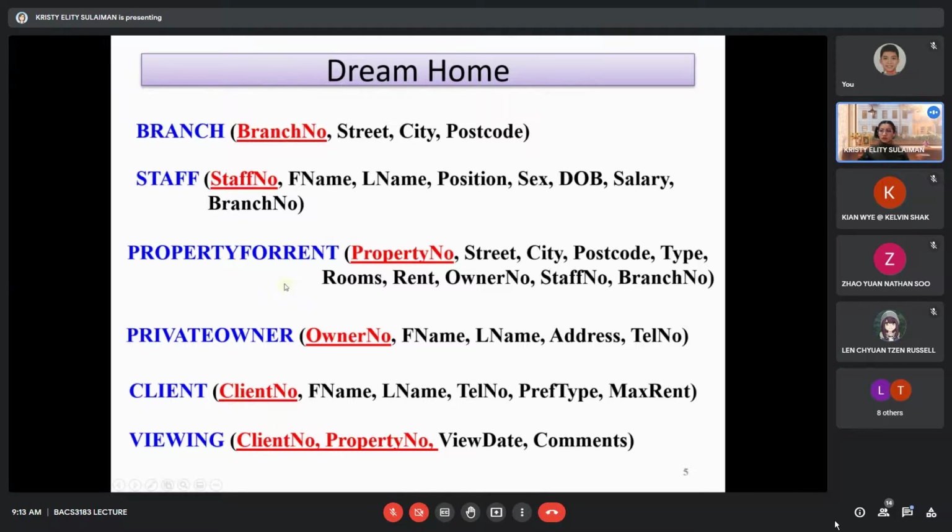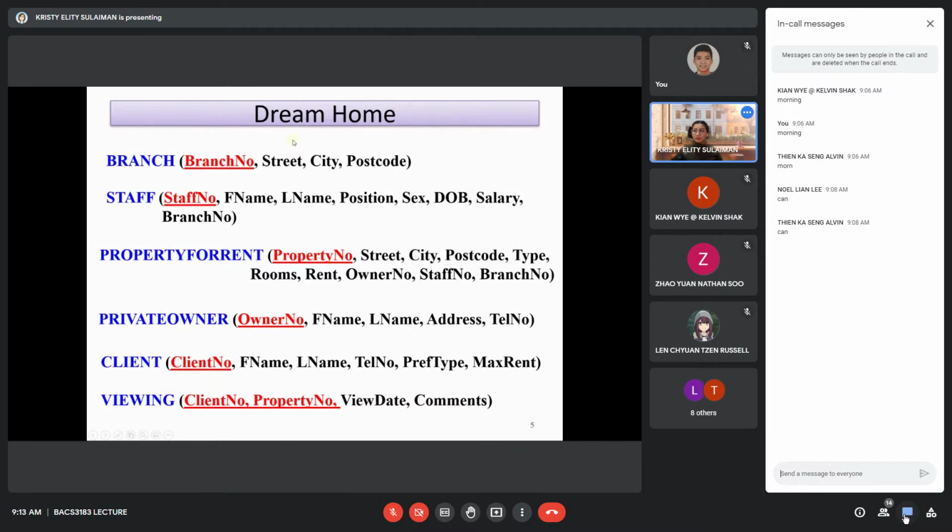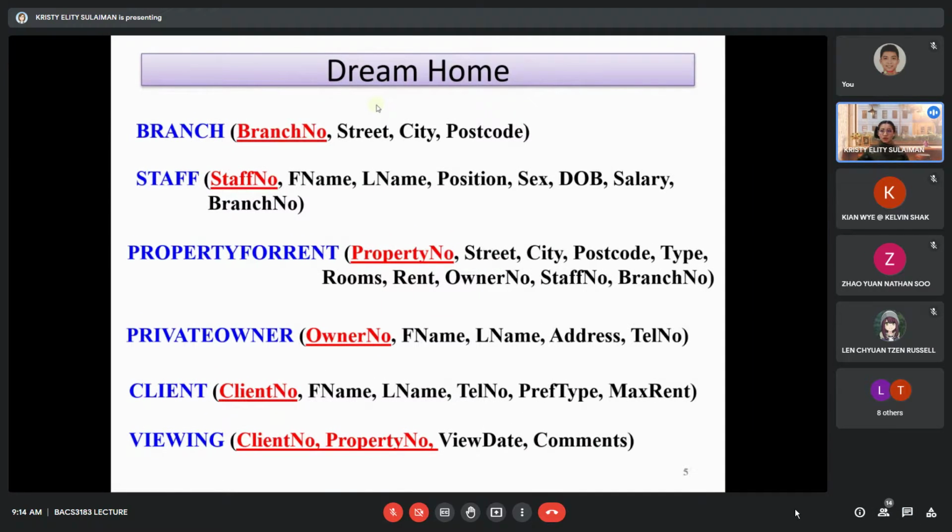Each branch offers a range of properties to rent. So we have several branches and several types of property to rent under this company. Throughout this lecture, we will be using this Dream Home company database for our examples.